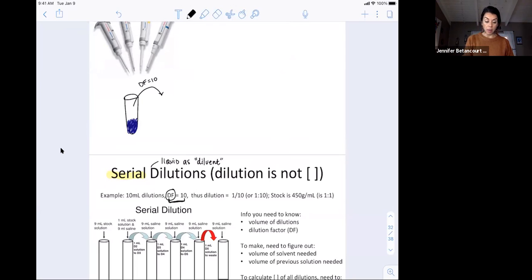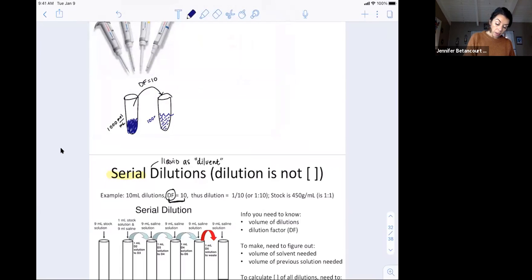If this one had 1,000 molecules per mil, then the next one would have 100 molecules per mil. Just a really rough cartoon. This one still has molecules in there, but you have diluted it by a factor of 10.